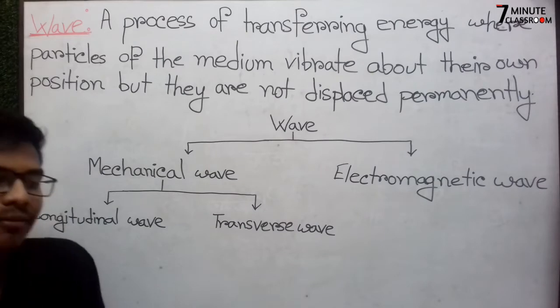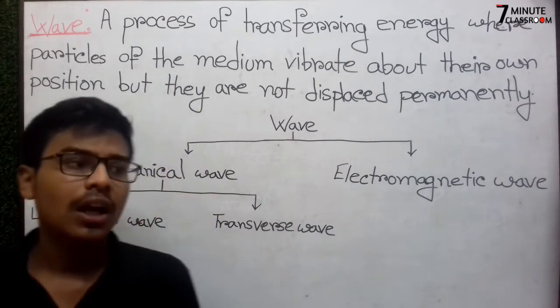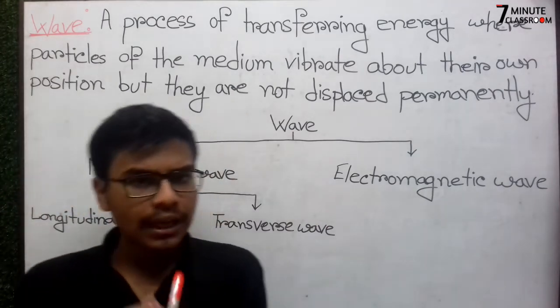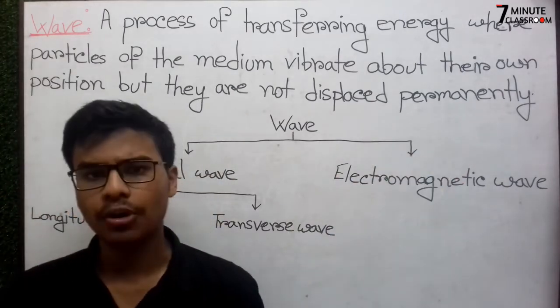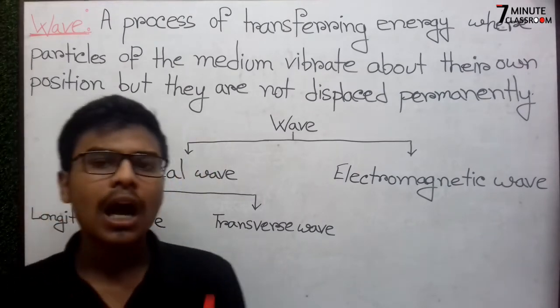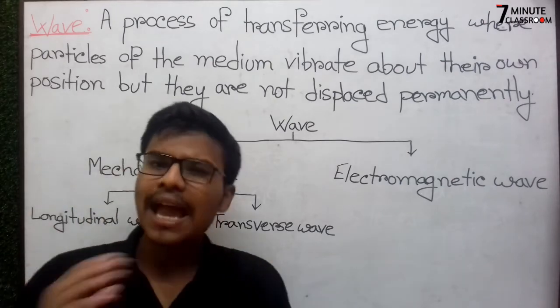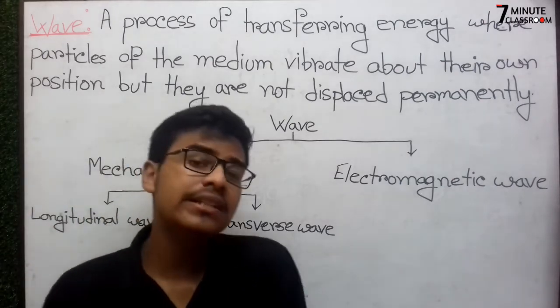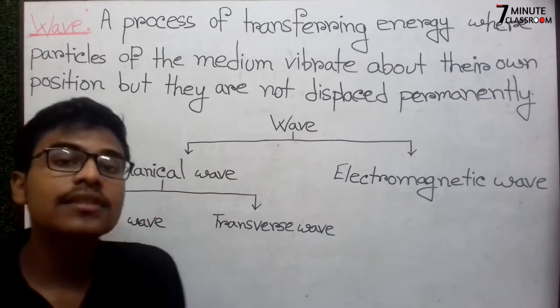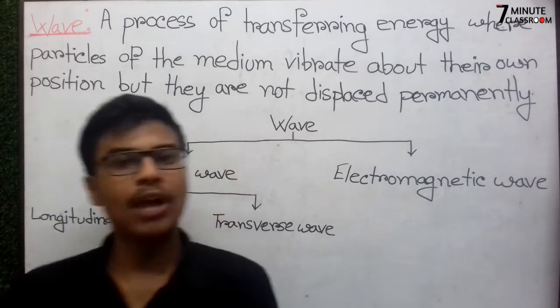If you think of a wave on a sea beach, or a wave in a river or in a pond, how does the wave actually move? Does it actually move? No, it doesn't move. It just transfers its energy, but the water is not moving from one place to another.